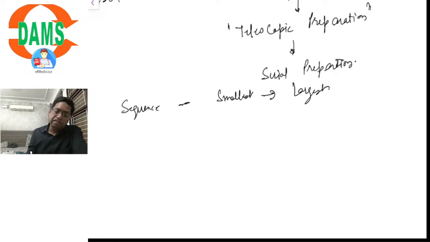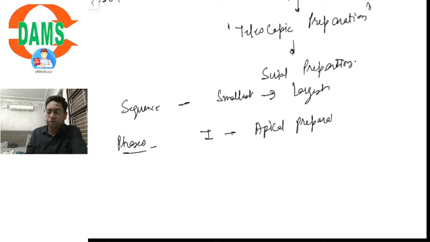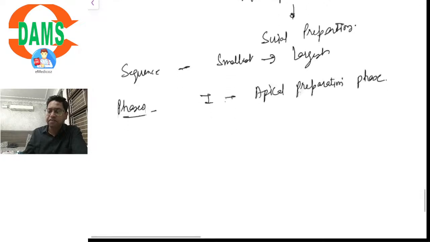So it is divided into phases. The first phase is the apical preparation phase. This apical preparation phase is the same as the one that we have seen with the standardized technique.